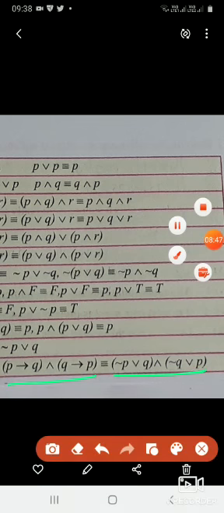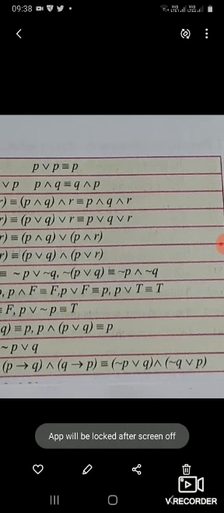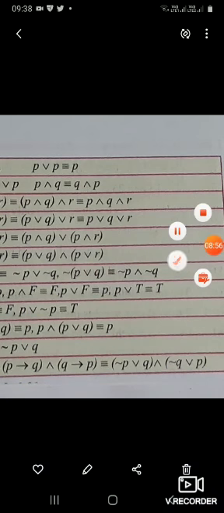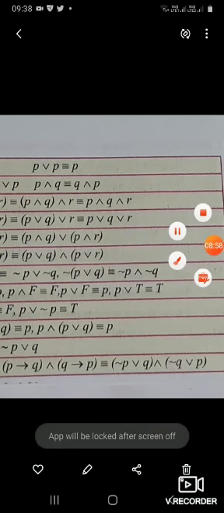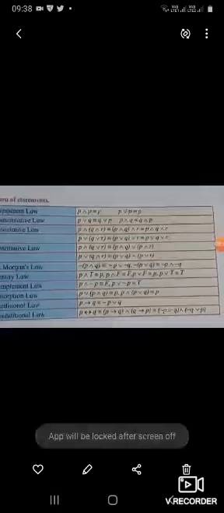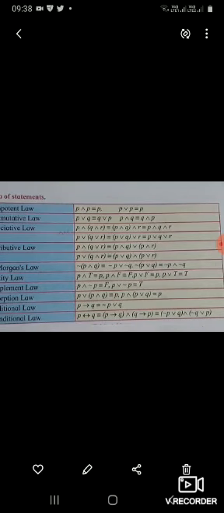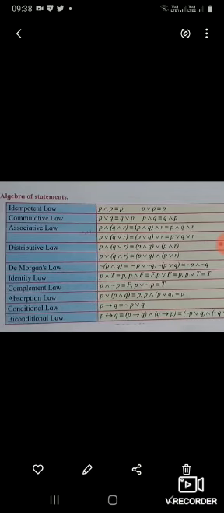That is the biconditional law. And second, we have used another property, that is De Morgan's law. What is De Morgan's law? We can multiply negation inside, otherwise you can take negation common out also. So that is De Morgan's law.